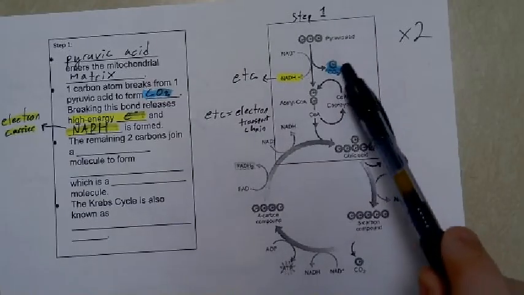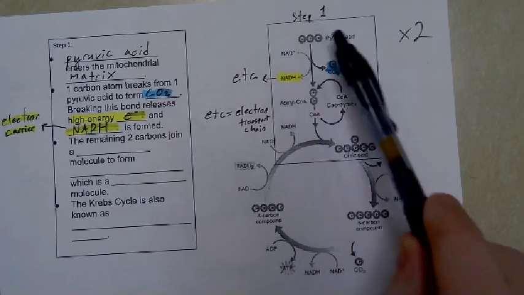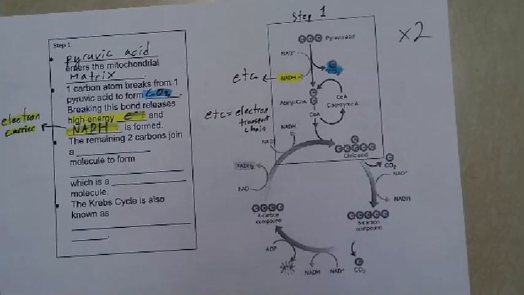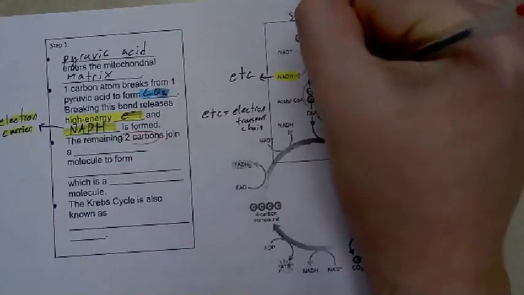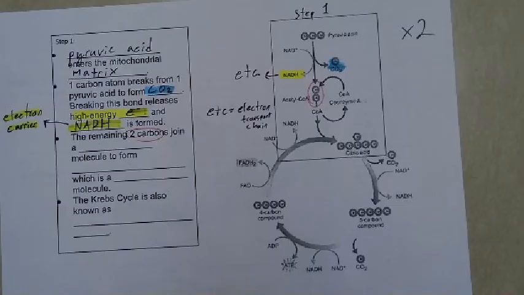Now, we pulled that electron away by breaking the carbon dioxide off of a 3-carbon molecule. We took 1 carbon away. Now, we're left with 2 carbons. I have 2 carbons. That's these 2 right here, formed up in a 2-carbon molecule called acetyl CoA, or CoA. You don't need to know that now.